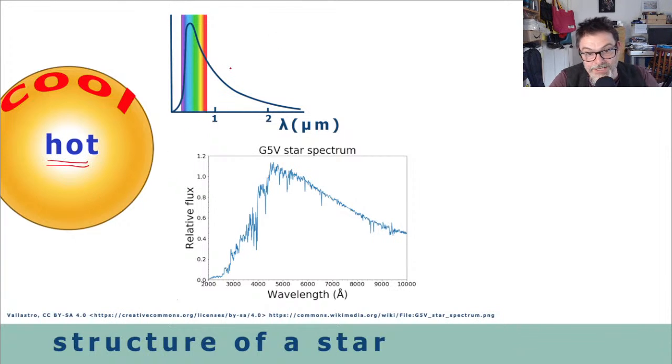Now the center of the star can be considered to be what's known as a black body radiator. What that means is, up on the side here we've got energy. This top graph is showing us, by wavelength, how much of each of the wavelengths of the electromagnetic spectrum are being emitted. And what you see is that it emits the whole spectrum.